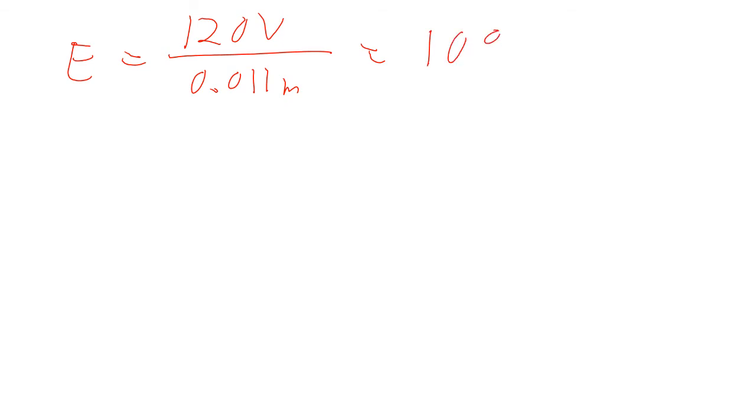In this case, E is 120 volts divided by 0.011 meters, and dividing that out gives 10,900 volts per meter.